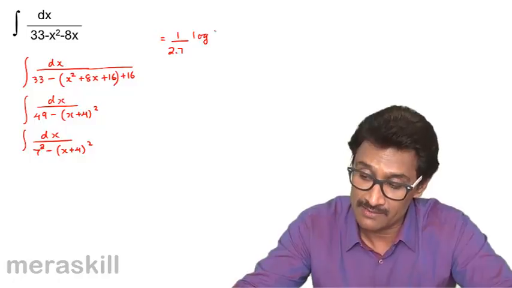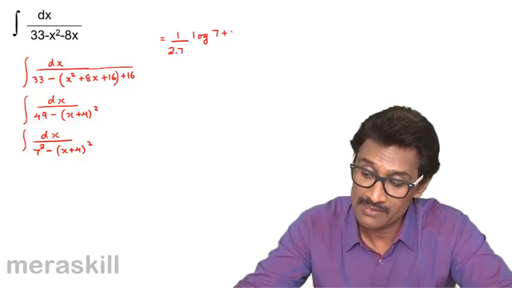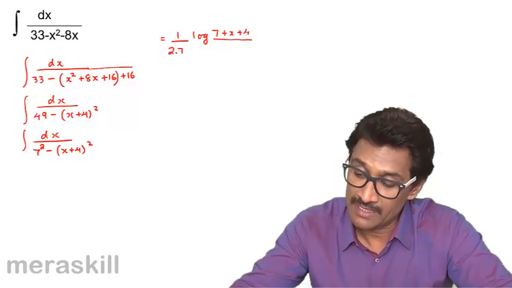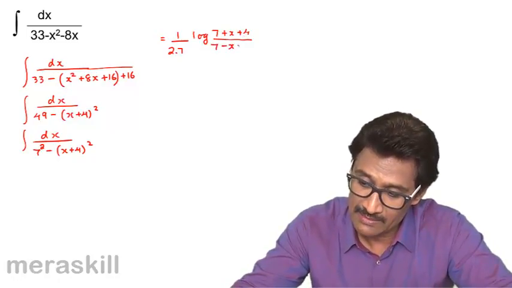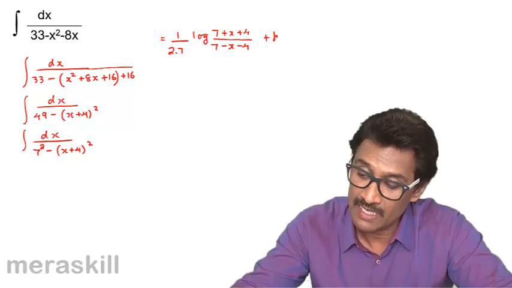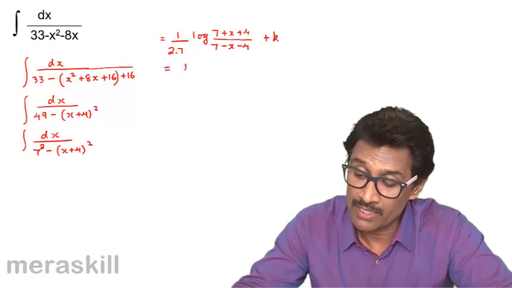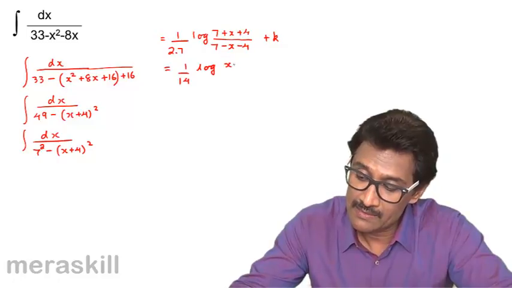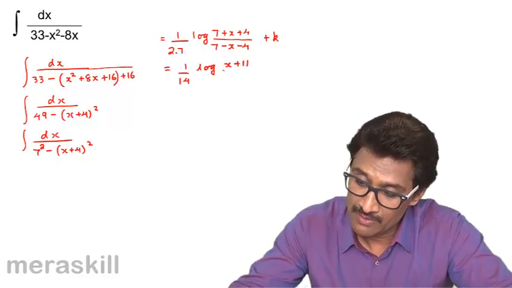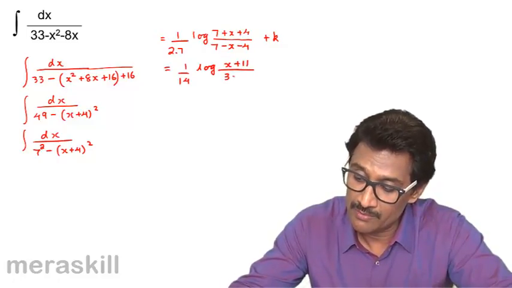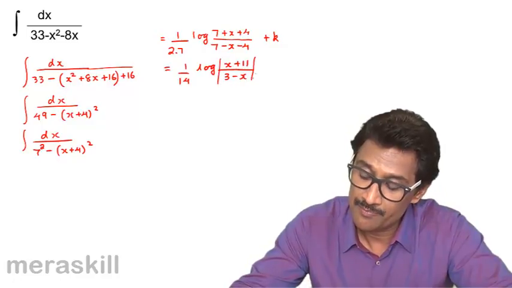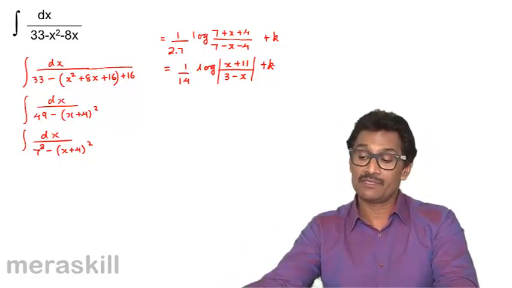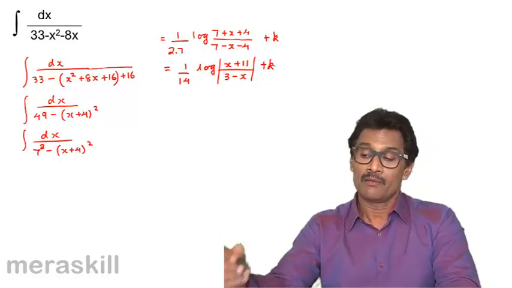A in this case is 7, x is x plus 4, upon a minus x, 7 minus x minus 4, plus k. So it's eventually 1 upon 14 log of (x plus 11) upon (3 minus x) plus k.